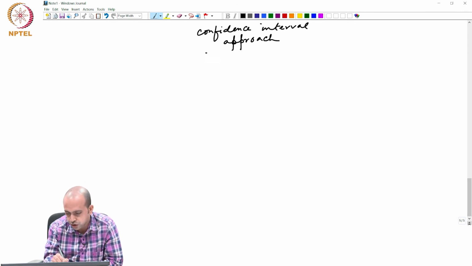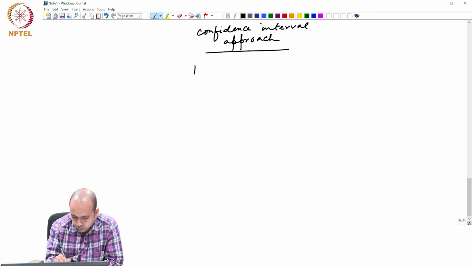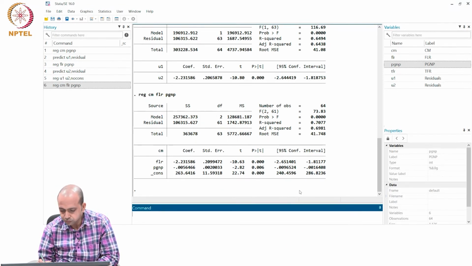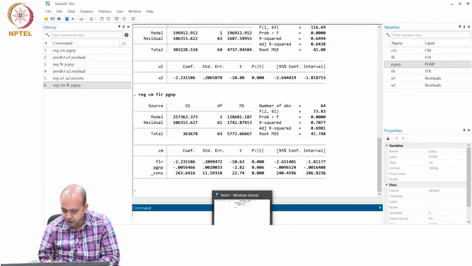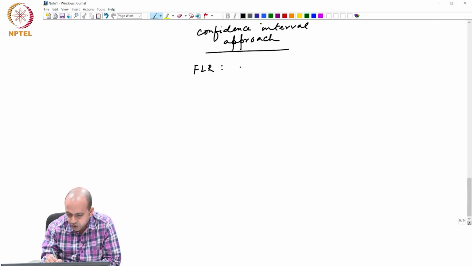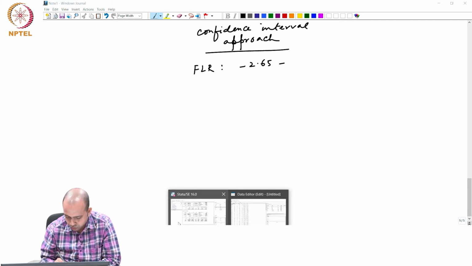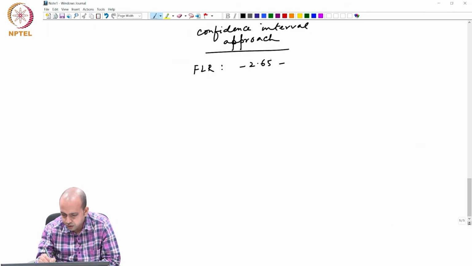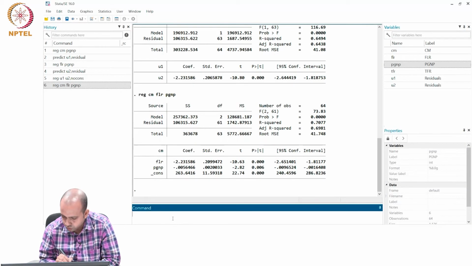Confidence interval approach. There, corresponding to FLR, what is the confidence interval that we got? The confidence interval is minus 2.65 to minus 1.81.